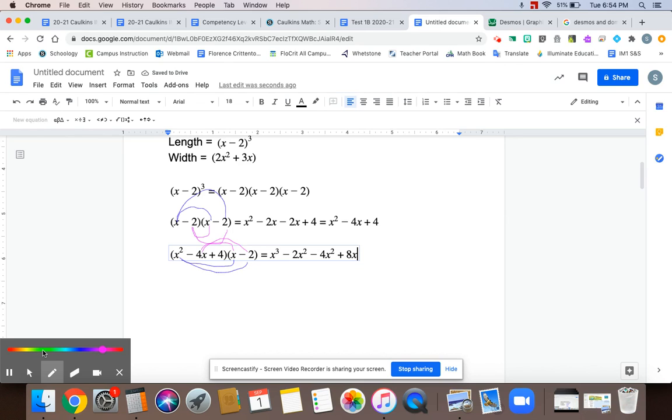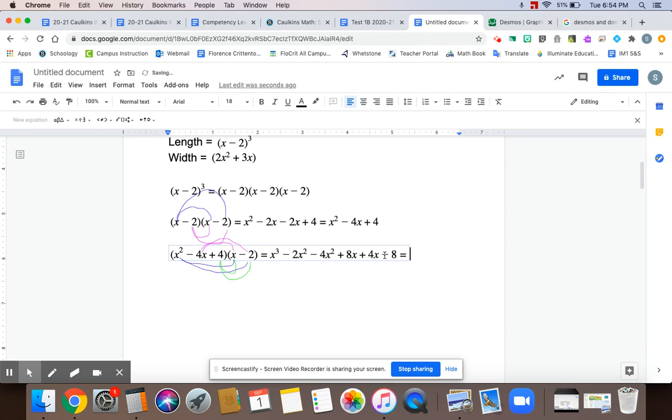All right. And now, so I did this one to both, that one to both in my second parentheses. Now I have to take this plus 4 and multiply it to both. So 4 times x and 4 times negative 2. So 4 times x is 4x, and 4 times negative 2 is negative 8.